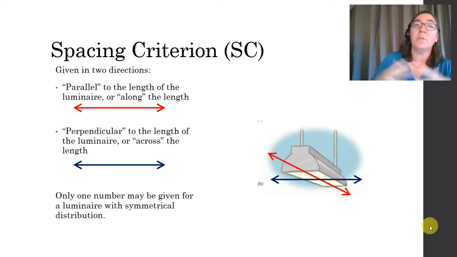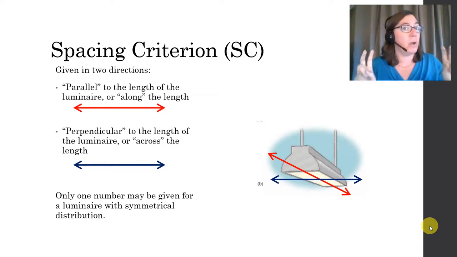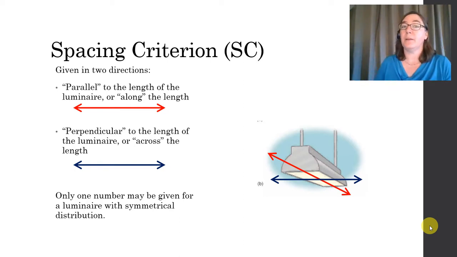So your spacing criteria will often be given in two separate numbers: the parallel or along number, along the length of a linear luminaire, or the perpendicular or across number, against the length of a linear luminaire. I've color coded these in this little lecture. Your along direction is the red one, and the across is the blue.